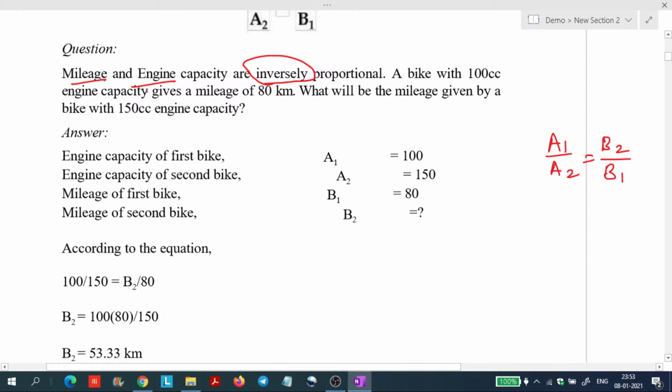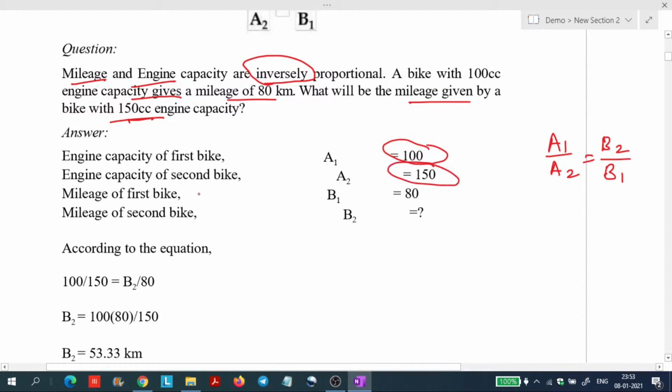A bike with 100 cc engine capacity gives a mileage of 80 km. What will be the mileage given by a bike with 150 cc engine capacity? The engine capacity of the first bike is 100 cc, and of the second bike it is 150 cc.